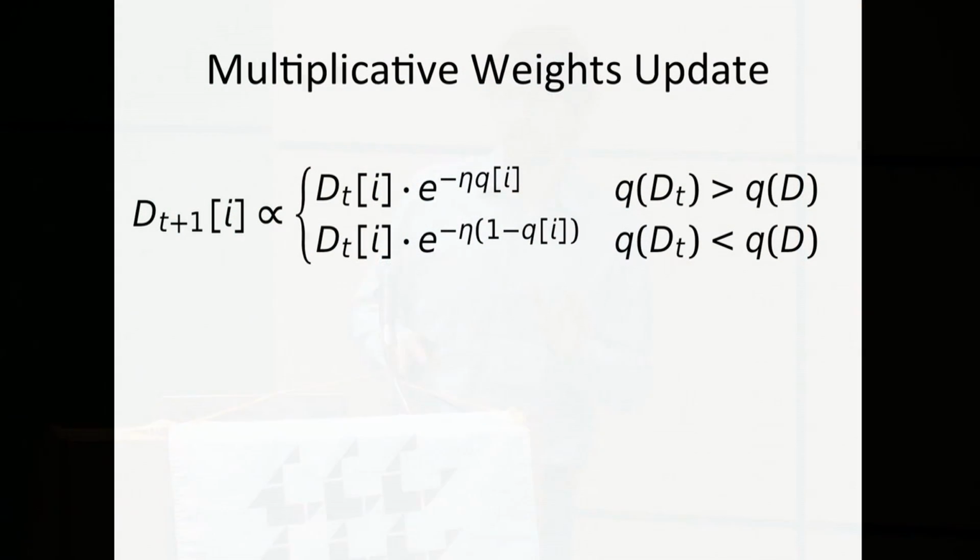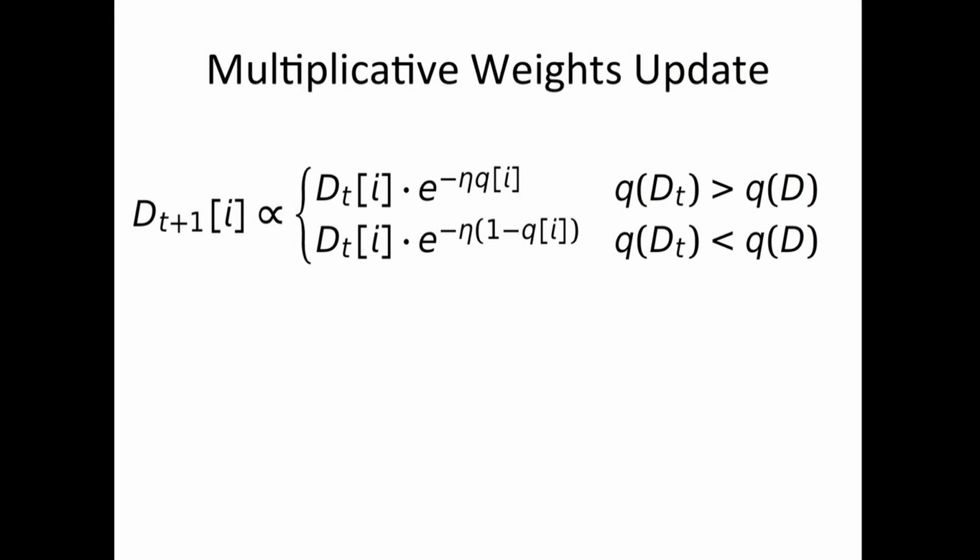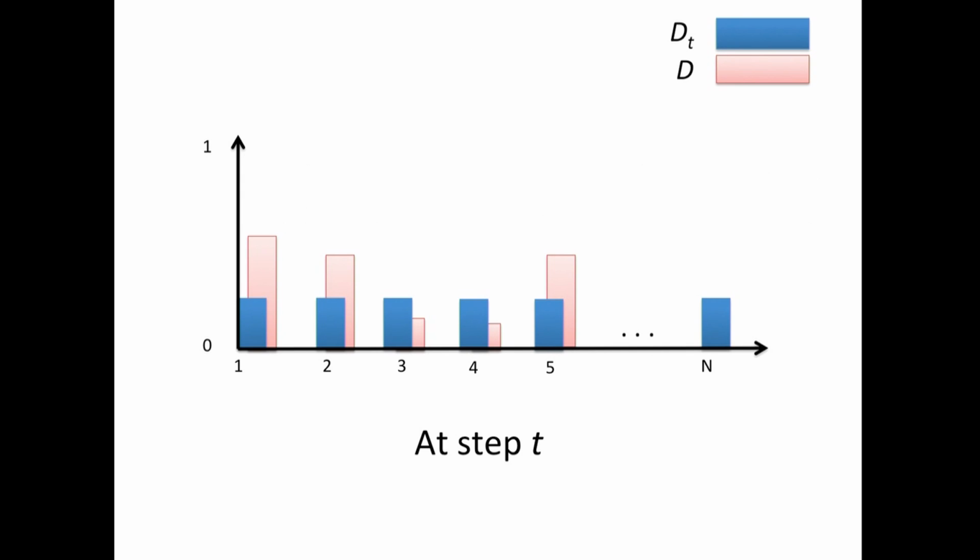Is this clear, or should I go over this again? I have an example that might also help. So if you think about the distribution that you have, d sub t, in the picture right now it's the uniform distribution, and your real data set, which is this red stuff, is very non-uniform. So intuitively, the uniform distribution is not a good approximation to a non-uniform distribution.